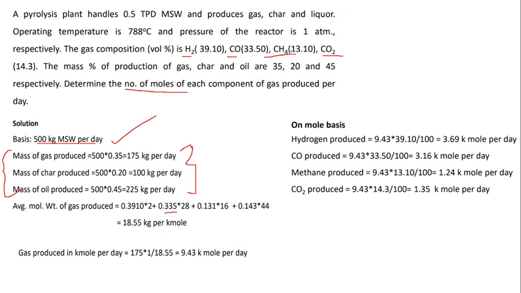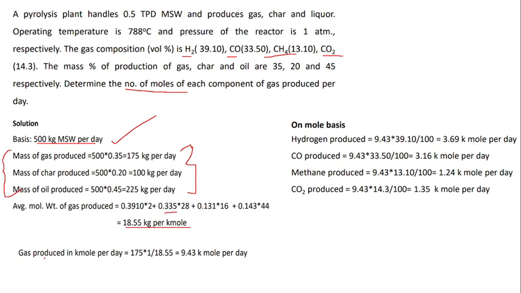And then methane molecular weight is 12 plus 4 is 16, so 16 into 0.131. Then carbon dioxide is 12 plus 32, which is 44, into 14.3 by 100 is 0.143. If you add everything together, you will obtain 18.55 kg per mole. This is the average molecular weight of the gas produced, in terms of kg per kilomole.